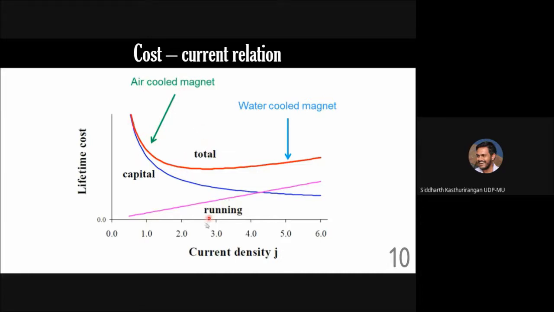And there is always an optimum current density where your lifetime cost of the whole thing will be minimum. And normally one tries to aim to be somewhere in this region. So you still have a wide choice, but not too low current densities, not too high, somewhere in between. That is a good region to operate in, I mean, it will minimize your long term costs.